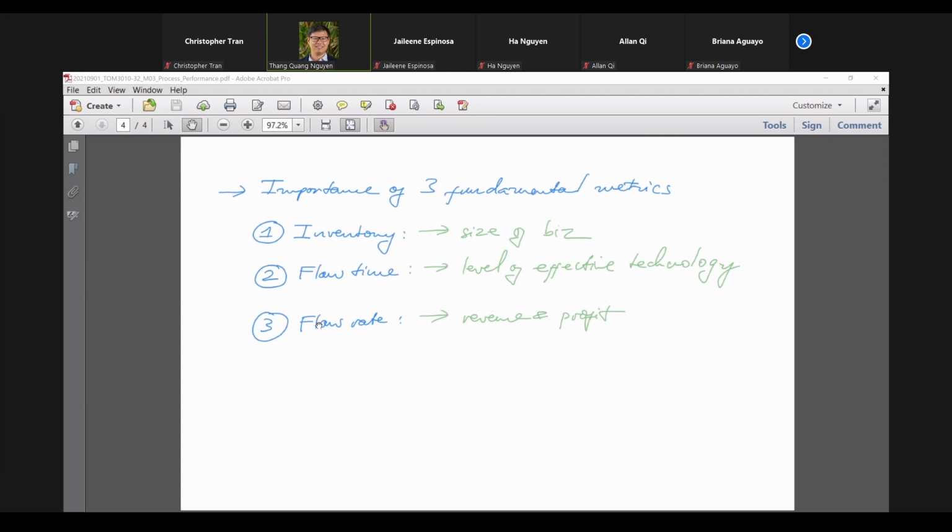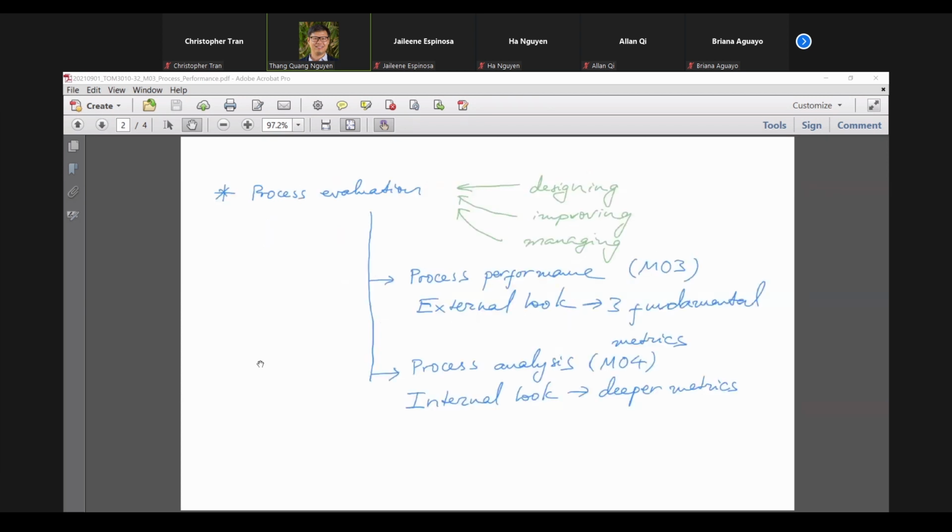And the flow rate is related to your revenue and profit. That's why as a manager, we look at the flow rate all the time to track what is going on with our process. If you need to ramp it up, then you have to do something about the other metrics. So that's what we left off last time.